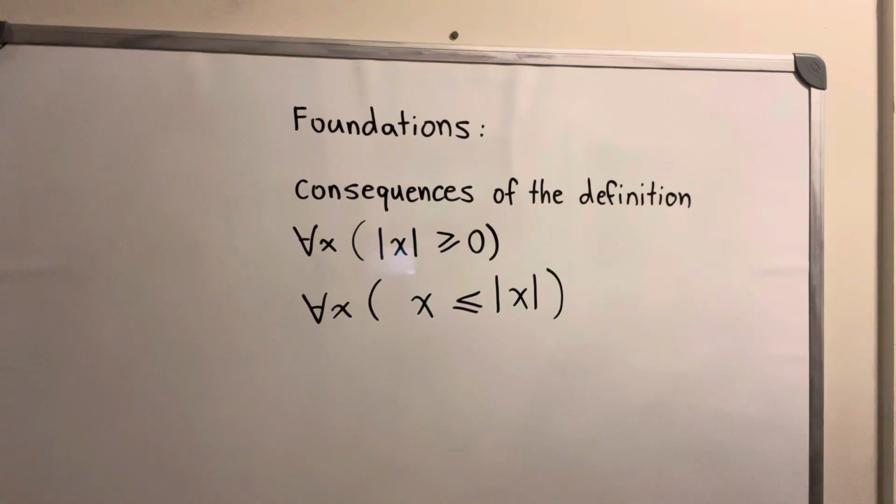But if x is negative, then the absolute value is the negative of the negative. And as we said in the first consequence, the absolute value is always greater than or equal to 0. So if x is less than 0, then x is less than the absolute value of x. So it's always less than or equal to the absolute value of x. These will be useful in this proof.